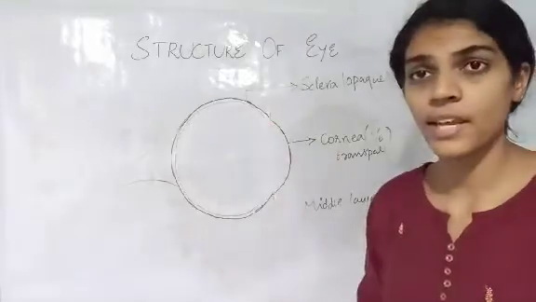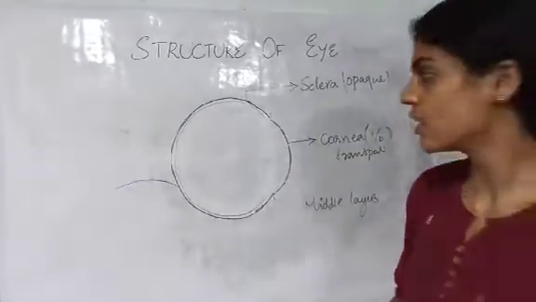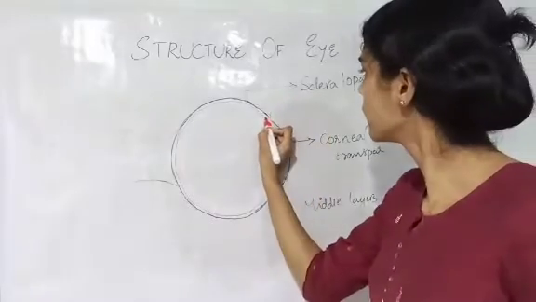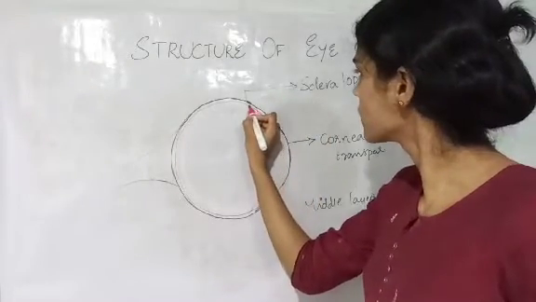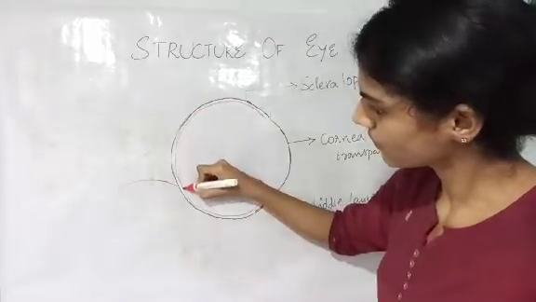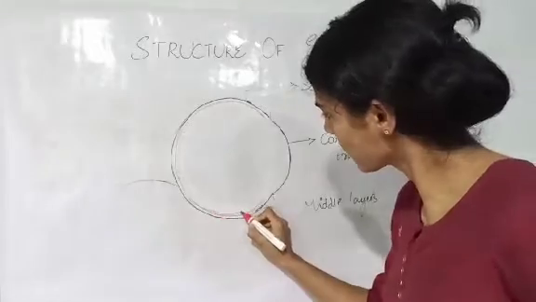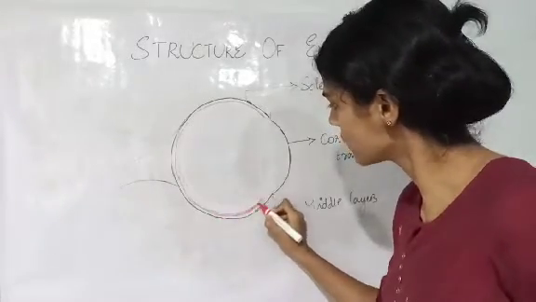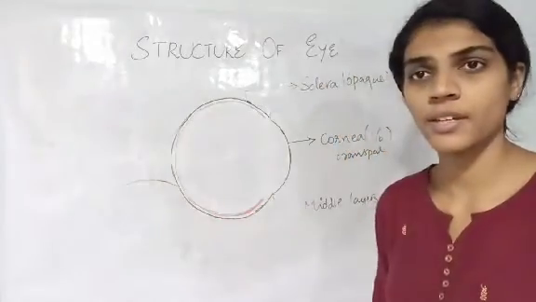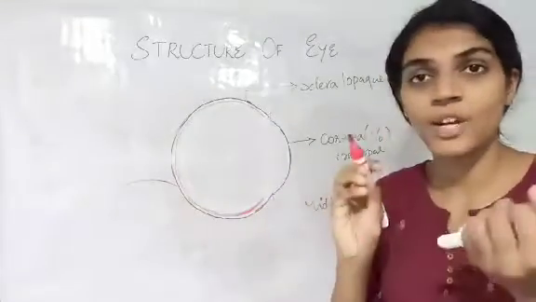Choroid is the red colored portion. Okay, I think it is visible to you. So this red colored portion, that is the choroid.